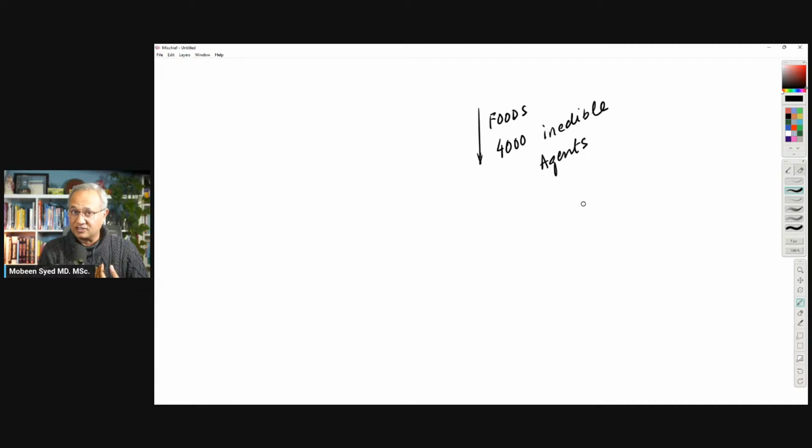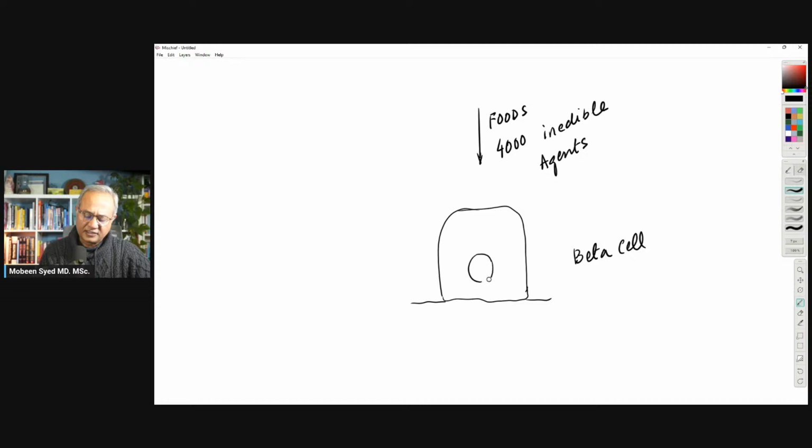then eventually us. These agents, what they do is, as they interact with the cell, so let's say this is a beta cell, and this is true for any cell. I'm just using beta cell because that is the most important for the context of the discussion today. So let's say this is the beta cell.